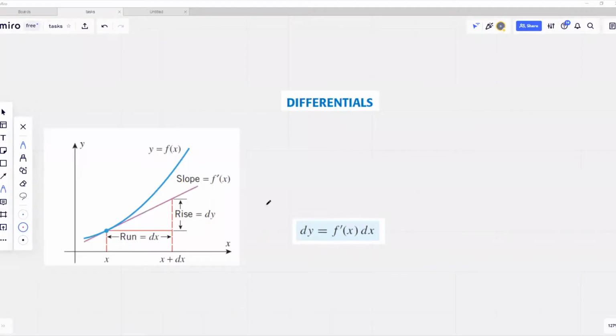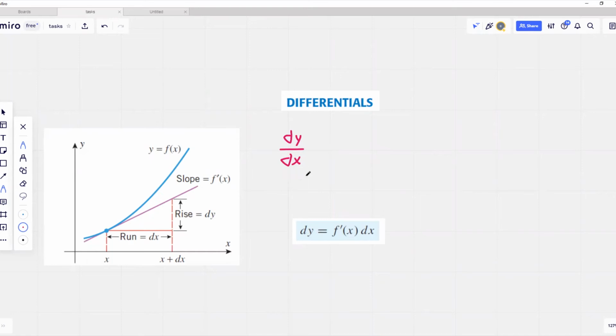Now we are going to study how to present derivatives in differential form. Up to this point in this course, when we were looking at derivatives, we were using Leibniz notation dy over dx, where dy over dx was treated as a single entity representing the derivative of function f of x.